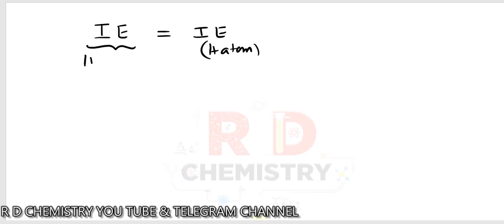You know that the energy required to remove the electron is known as the ionization energy. How to calculate ionization energy of any species? I'm going to write: ionization energy is equal to the ionization energy of the hydrogen atom into Z square divided by n square.